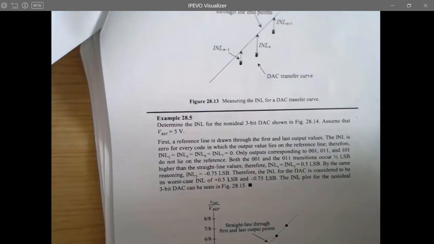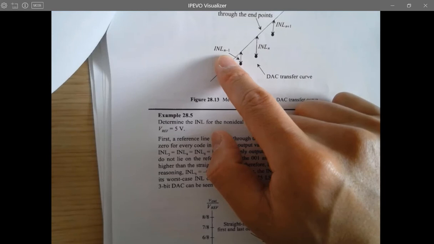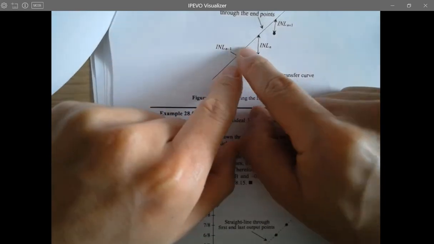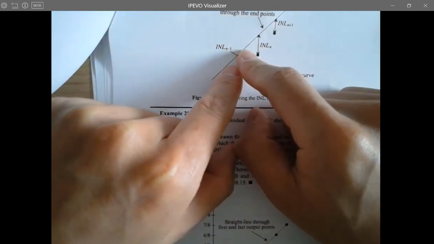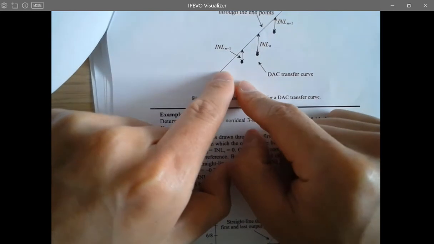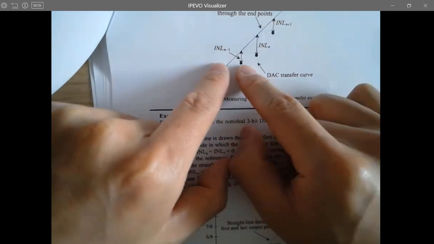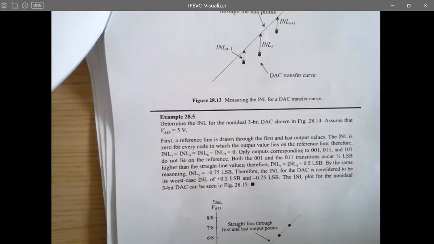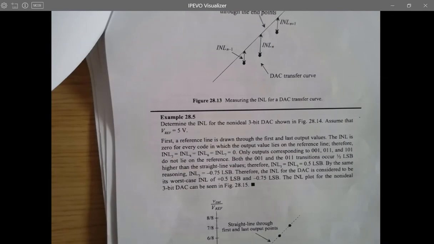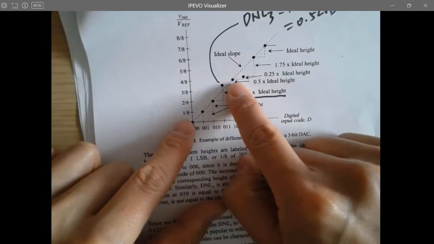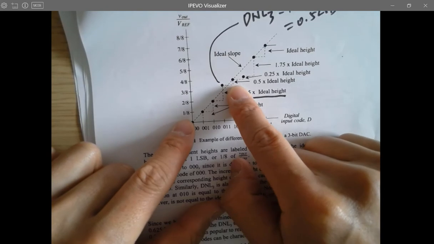So what's the difference between INL and DNL? So this is using this point minus the ideal height at every transition as INL, integral nonlinearity. Is that the same as DNL? Step height. Yeah, so something like this point, there's no INL, but there's a DNL.